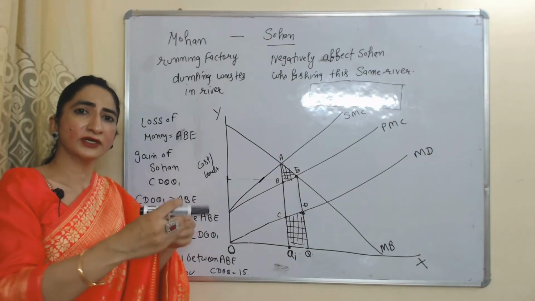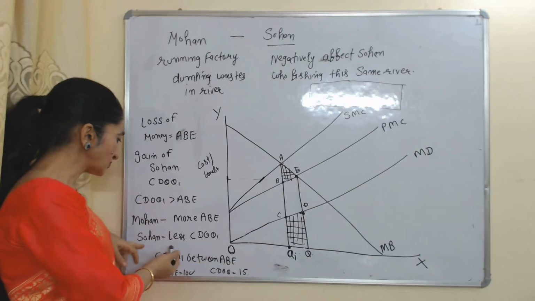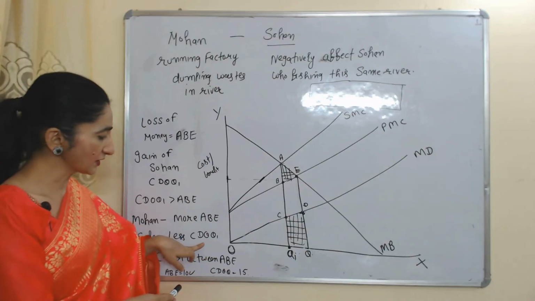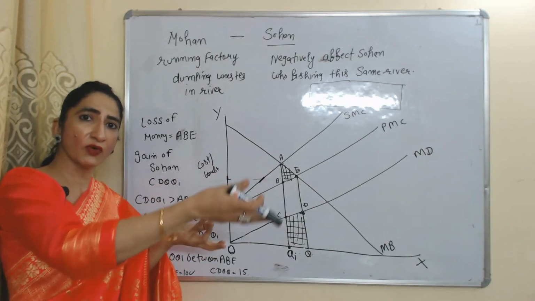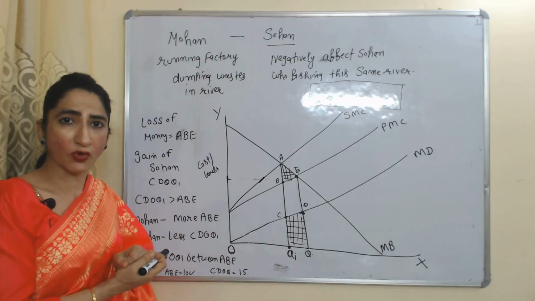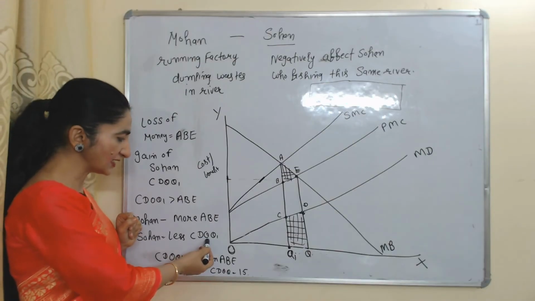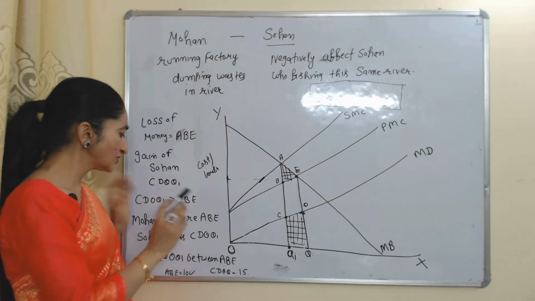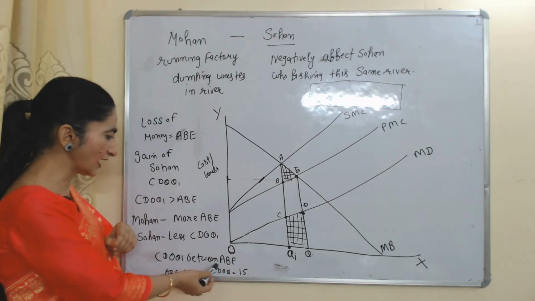So I will agree to reduce output if you pay me more than ABE. Similarly, Sohan will be ready to pay less than CDQQ1 because this gain he is actually getting. If all is paid to Mohan, then what is the gain of Sohan? So Sohan will agree to pay less than CDQQ1 and Mohan will agree to receive more than ABE. So we can say the bargaining will lie between ABE and CDQQ1.